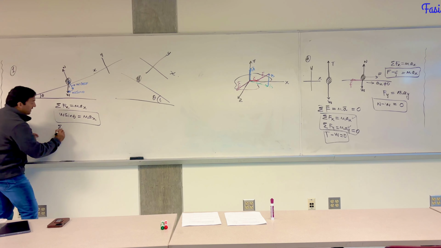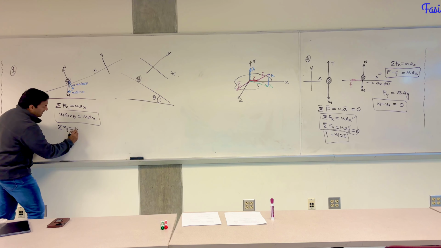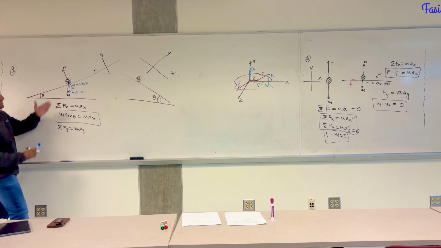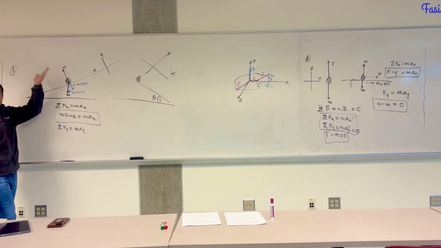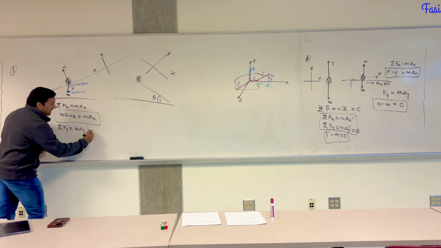Similarly, when you apply summation Fy equals 0, not 0, sorry, it's may, but then you see that the bicycle is not going up the ramp. It's just moving in a line. So it's not moving upward or downward, and so you conclude that ay is 0.